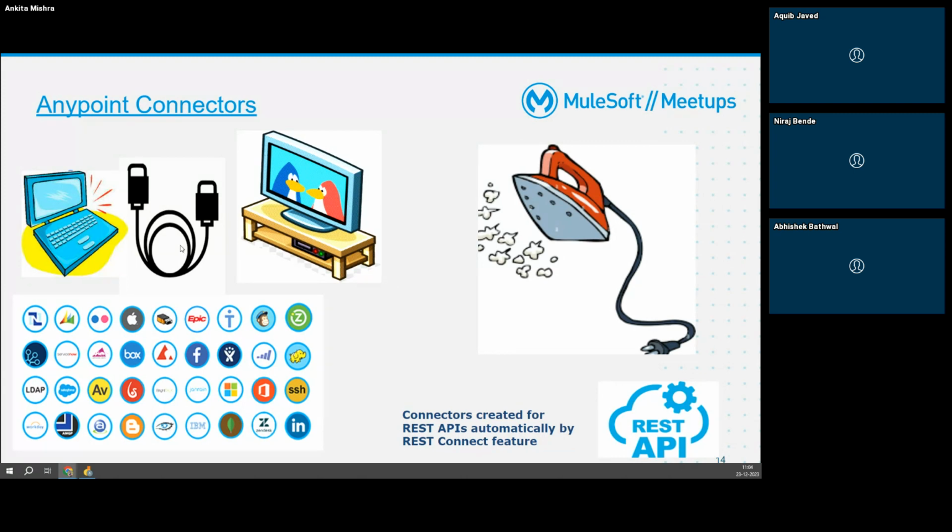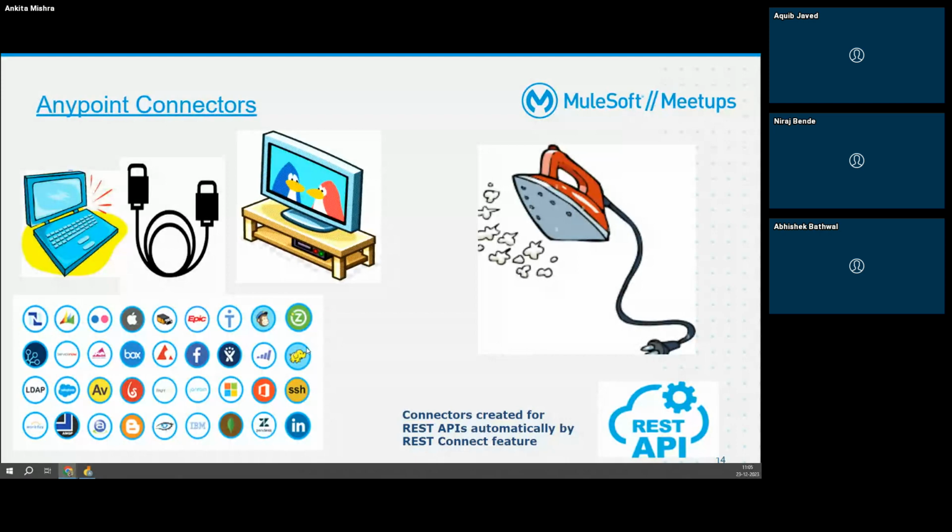Just like that, let's say there is a Mule application and you have to connect it to Salesforce. We have a Salesforce connector for that. If you have to connect your application to Facebook, you have a Facebook connector. If you have to connect to the HTTP protocol, you have an HTTP connector for that.